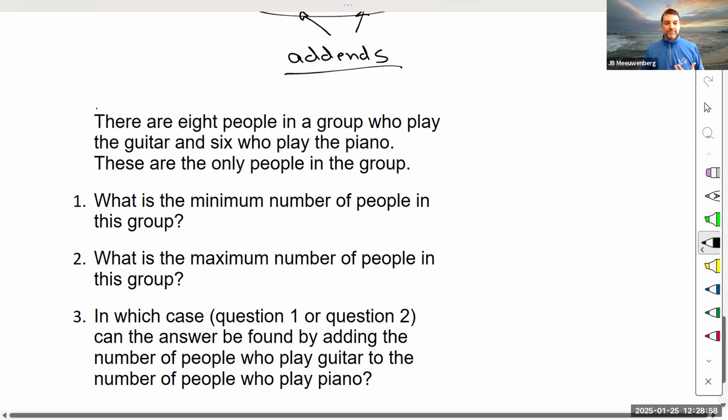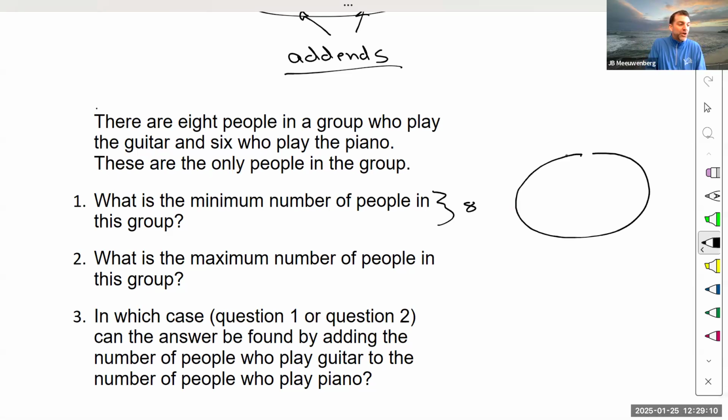So what do you come up with? So hopefully for the first question, the answer you came up with was 8. So why is it 8? Well, you could have a scenario where there are 8 people, 1, 2, 3, 4, 5, 6, 7, 8, 8 people, and all of them play the guitar.